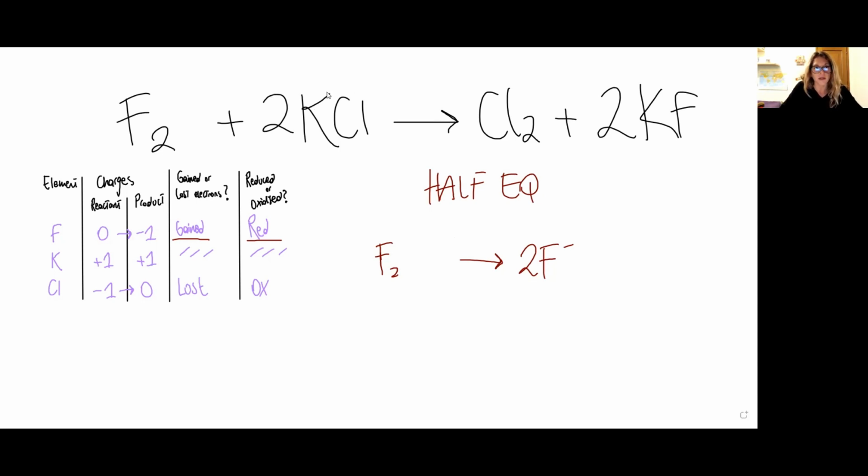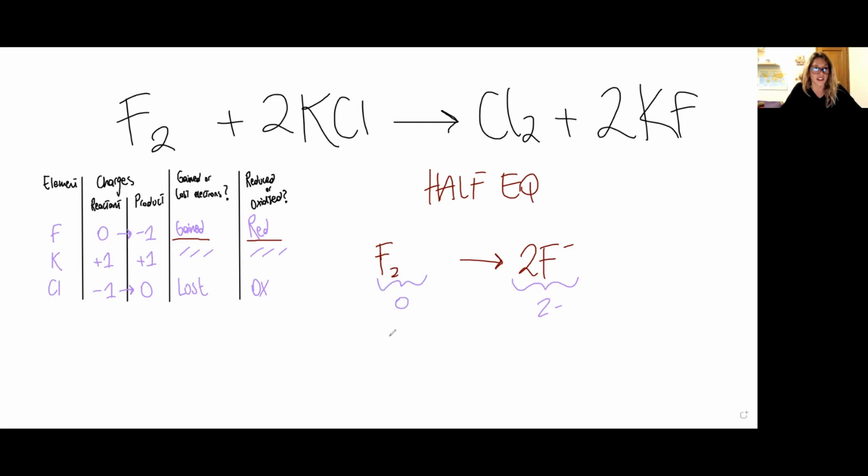Now we can think about where to add electrons, as a reactant or as a product. Notice that on the right-hand side we have 2F minus, so the total charge would be 2 minus, because we have 2 of this negative ion. But here we have an element that is neutral.